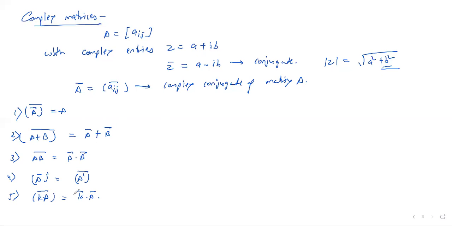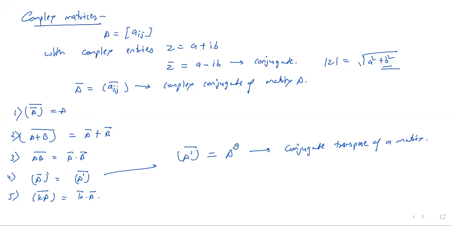Now we have defined that A transpose conjugate is said to be A theta. This is said to be the conjugate transpose of a matrix, defined by A's power theta. It also follows some properties. The conjugate transpose of A theta is equal to A. Second, A plus B's whole theta is equal to A theta plus B theta. These are the properties of the conjugate transpose of a matrix.